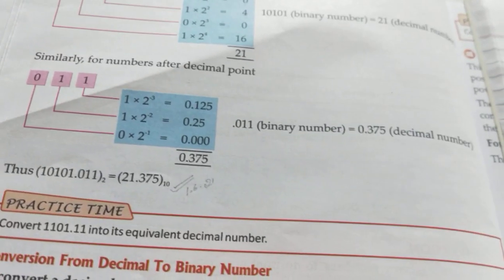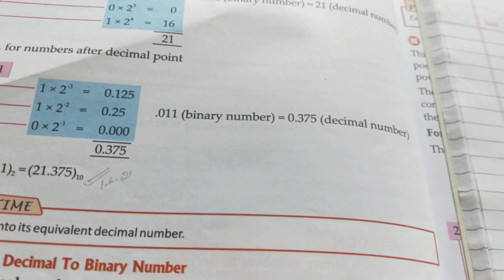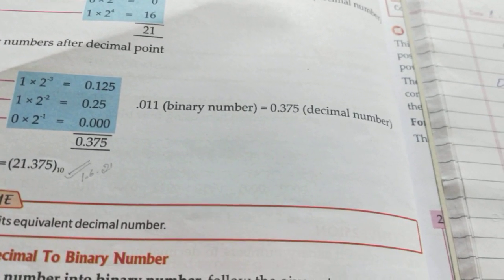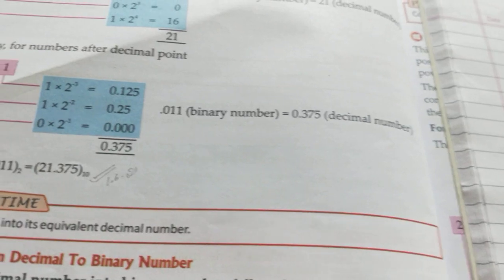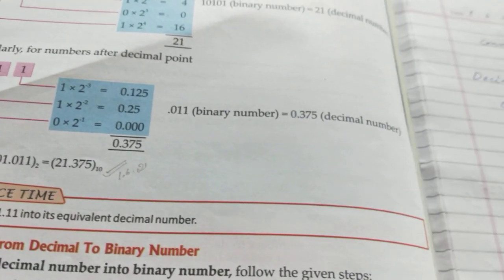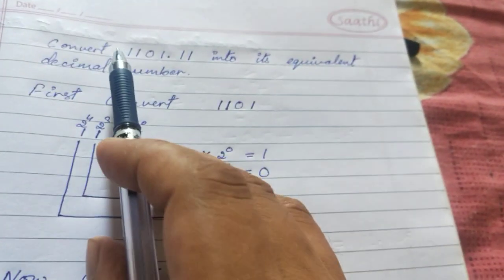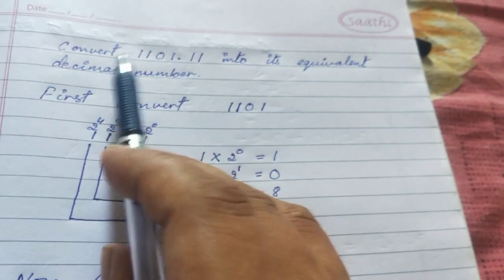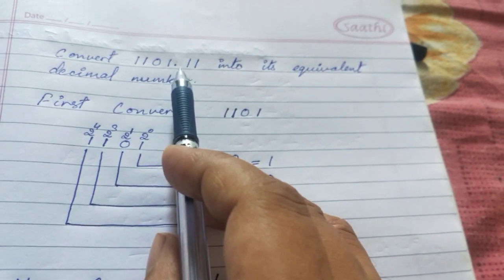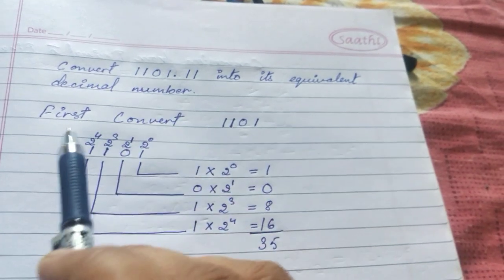I had given you different examples and also sent you several videos explaining how to convert them. Still you have not been able to convert this number, so I have done it for you. Here it's written: you have to convert 1101.11 into its equivalent decimal number.